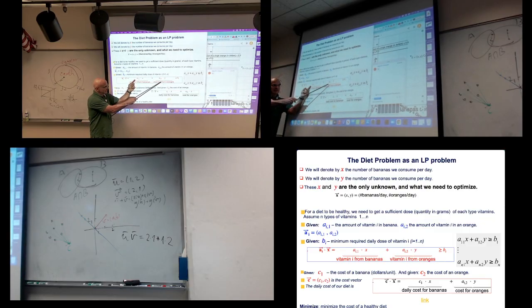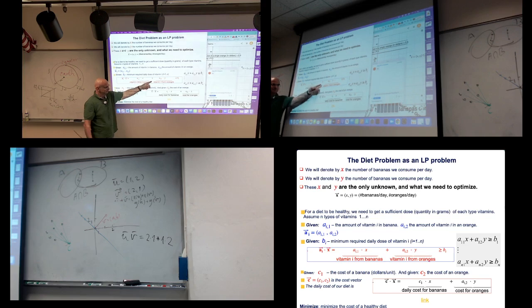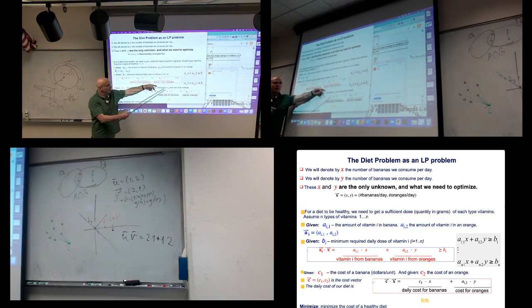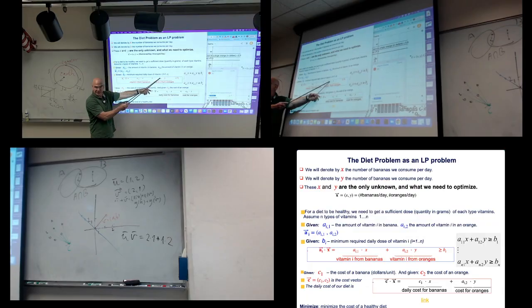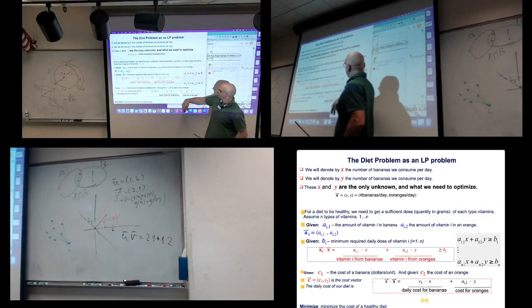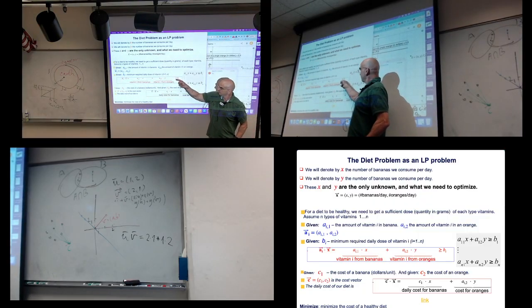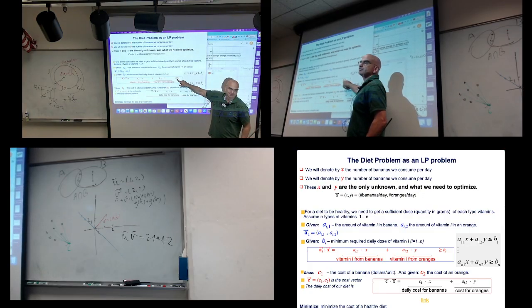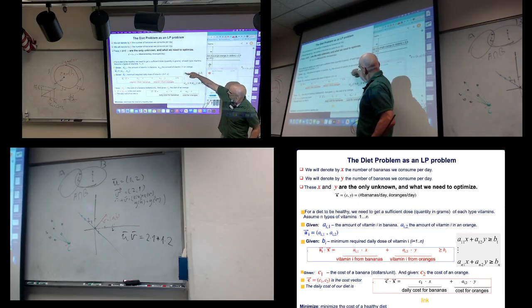Add the amount of vitamin 1 you're getting from the oranges: Y, the number of oranges per day, times how many units of the same vitamin each orange has. You sum them up. You know, there are no boxes in your belly. To have a healthy diet, you need at least this many units of vitamin 1. This is the first constraint.